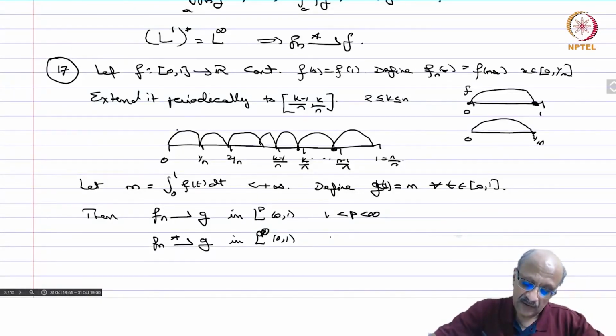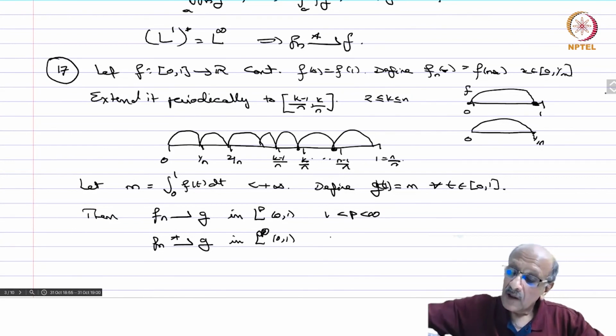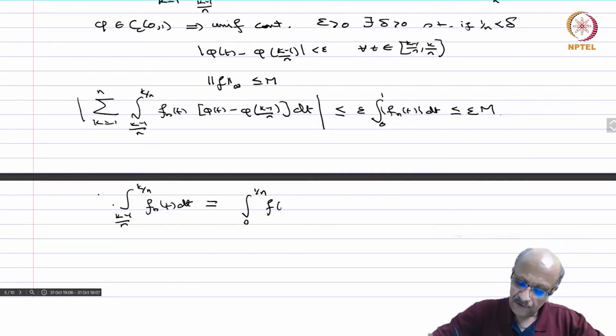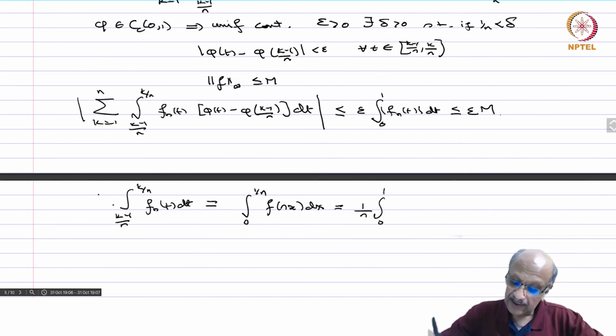And if I make a change of variable, I put nx equals t, so dx is dt/n, and therefore I get dt/n, and then this becomes f(t), and the limit 1/n becomes 1.